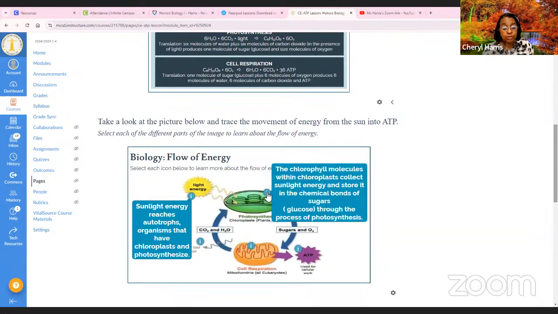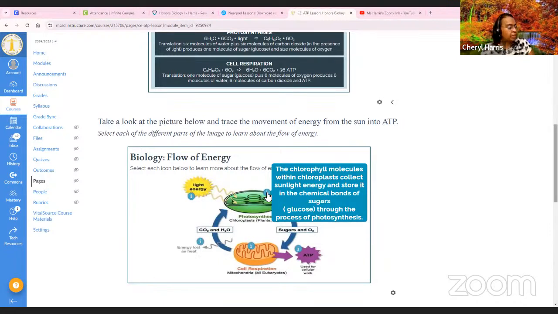So again, they are storing the energy. Our next little icon here, chlorophyll, is a chemical inside the chloroplast. You need to remember there's a difference between those. The chlorophyll is in the chloroplast, and it is necessary. You can't do this without the chlorophyll.